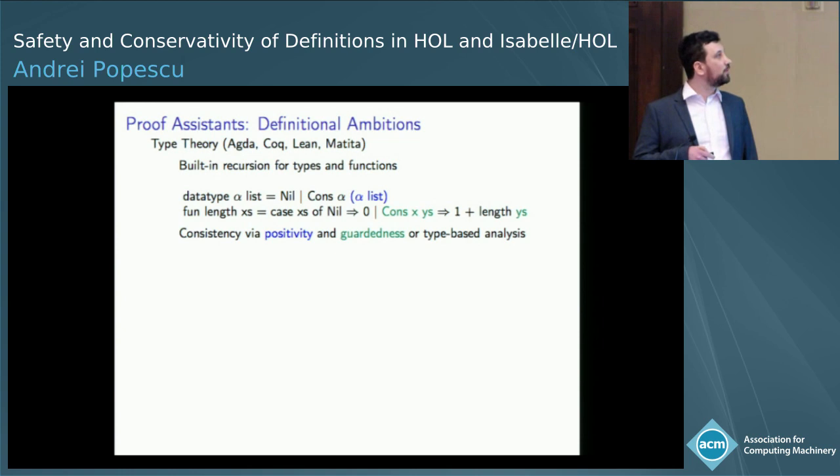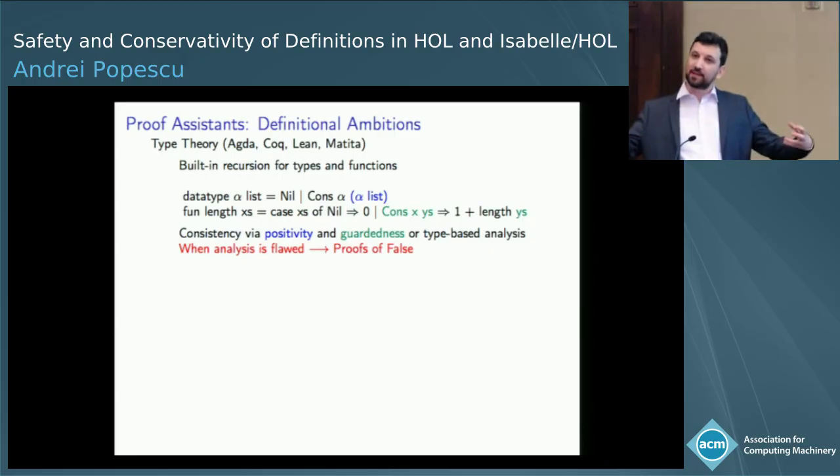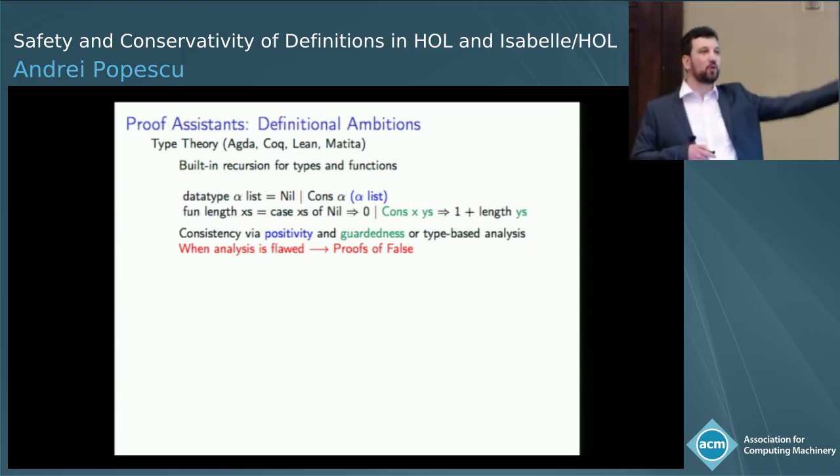Consistency is ensured by some positivity checks in the type definitions or guardedness checks, or more recently, type-based analysis. Of course, the systems are quite complicated and the specification mechanisms are quite fancy. So there's the danger that if the analysis, typically a pen and paper proof of strong normalization, is flawed, you end up with a proof of false.